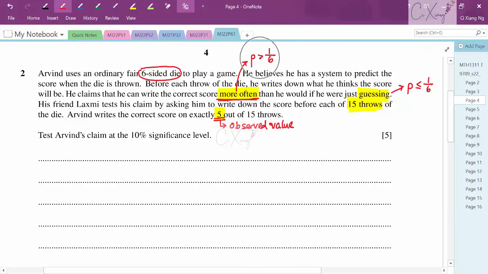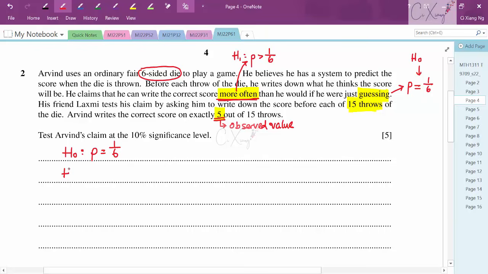So when you're having this sign, greater than without the equal sign, it belongs to the alternative hypothesis, and this one we will have as the null hypothesis. Because we are having the equal sign here, in our syllabus we are only considering or putting it as p equals 1 over 6. So this is how we set up the question. Okay, so let's start. We are having the null hypothesis where the probability is equal to 1 over 6.